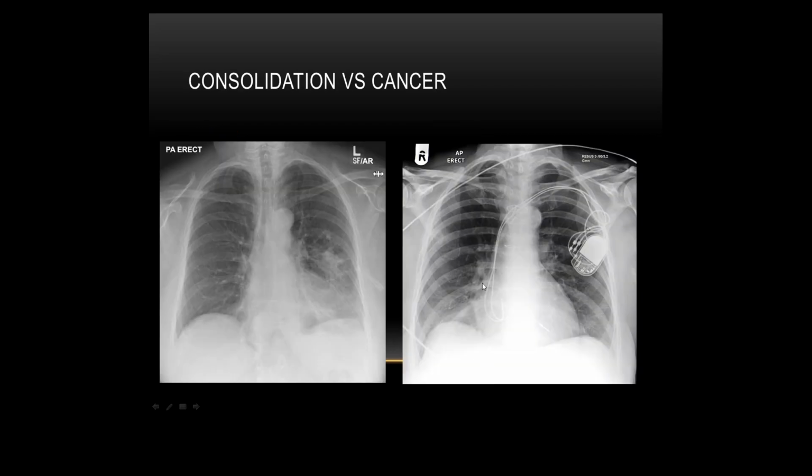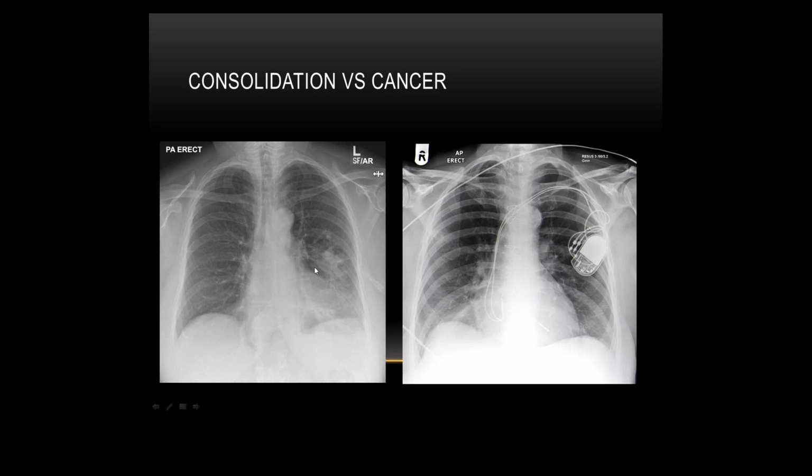Consolidation versus cancer can be very difficult when looking at these, because you can have a focal area of consolidation that can mean it's infection or cancer. So looking at these two here, you've got this spiculated consolidation in the left midzone.